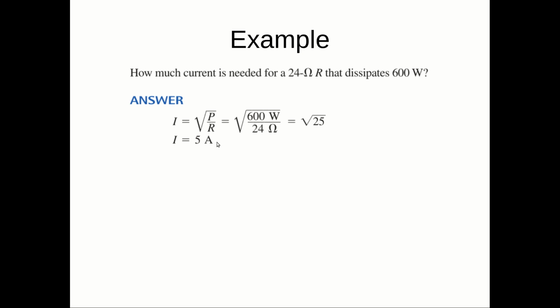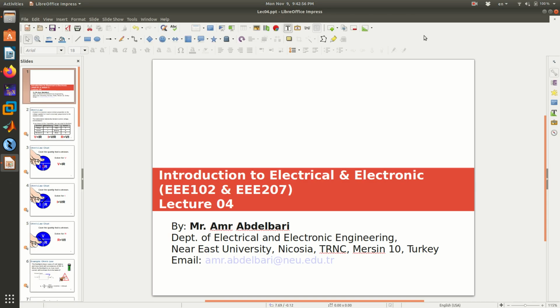The square root of 25 is 5 ampere. So this is the last example for this week. Thank you very much for listening.